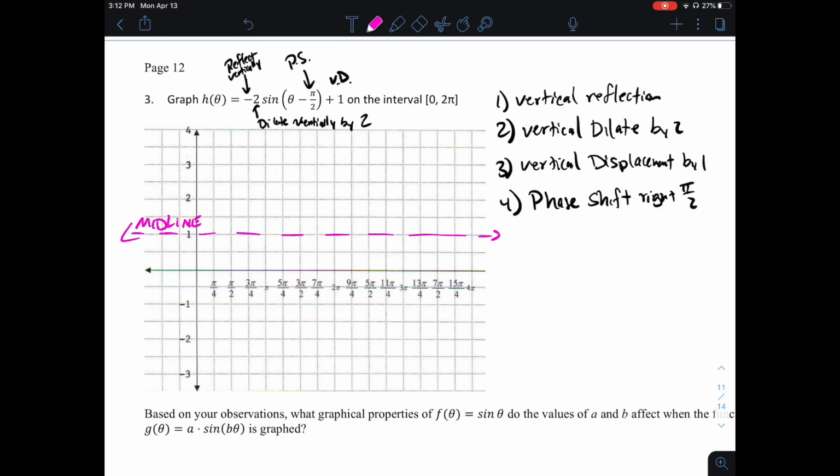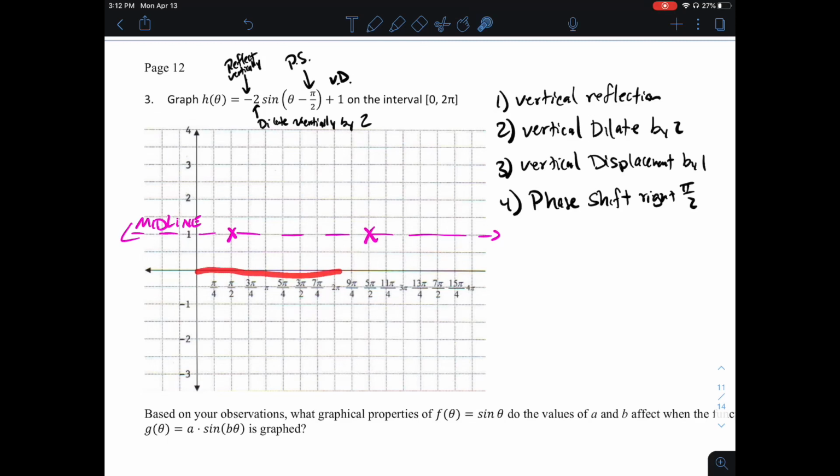The phase shift is positive pi over 2, so that's where this graph begins. There has been no change to the period length because there is no horizontal dilation. So this is going to end at 2 pi to the right of pi over 2, which is going to be right here.